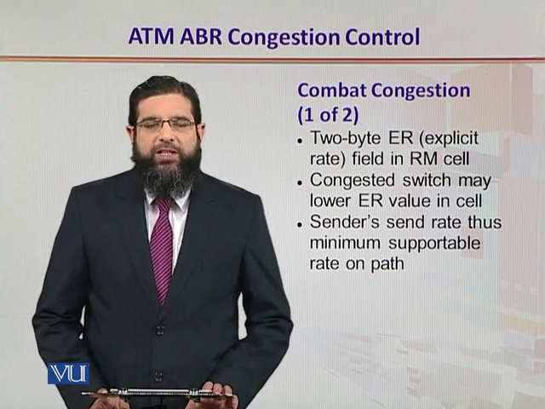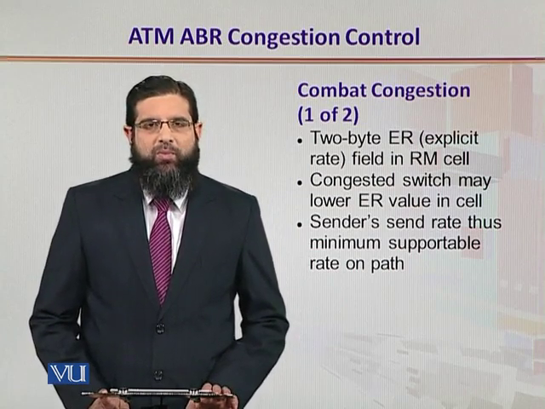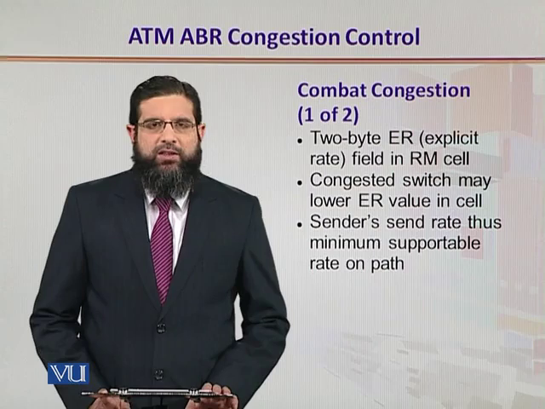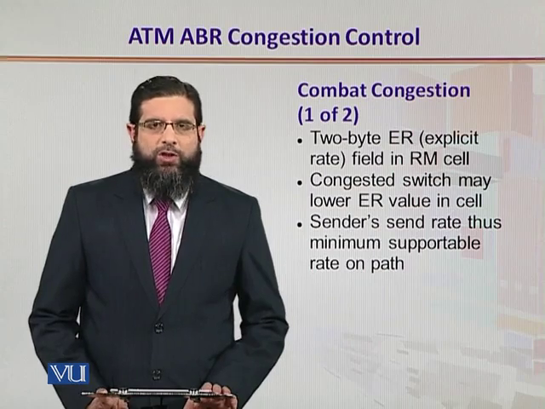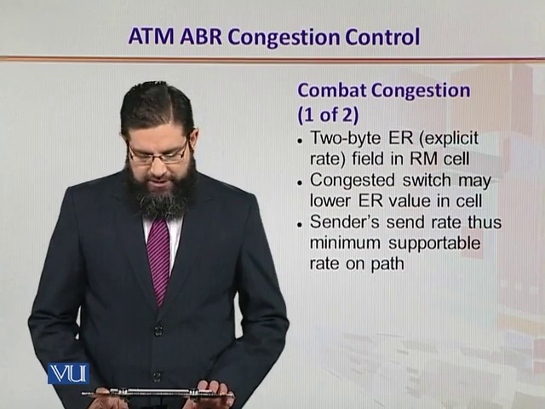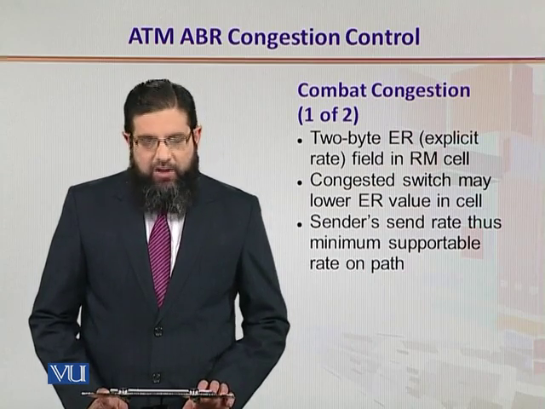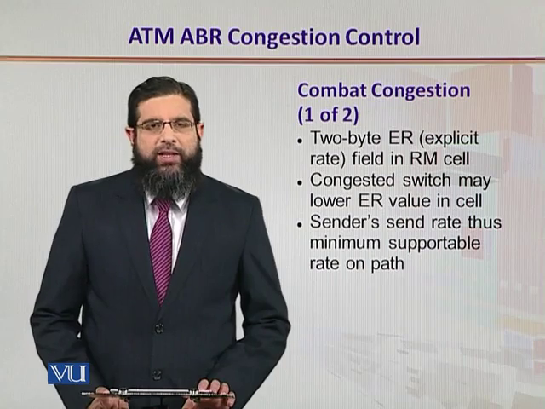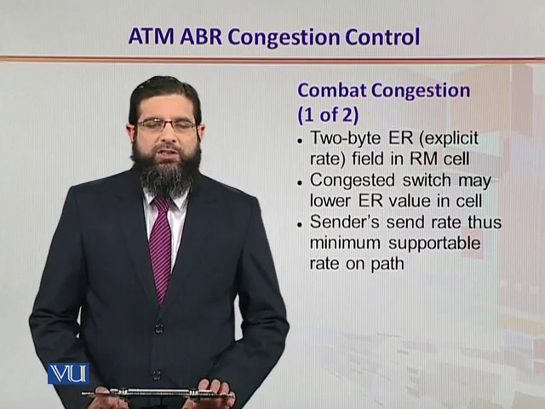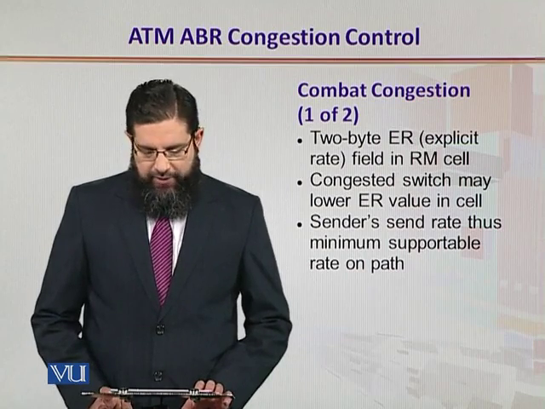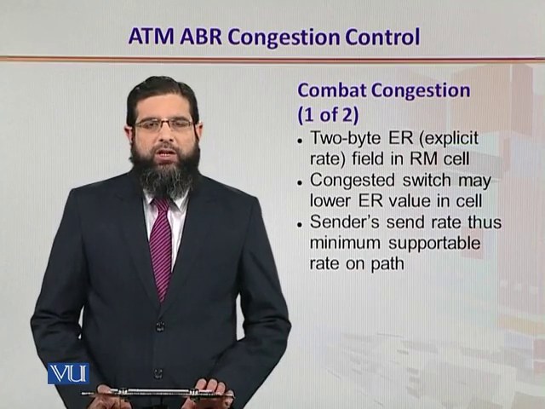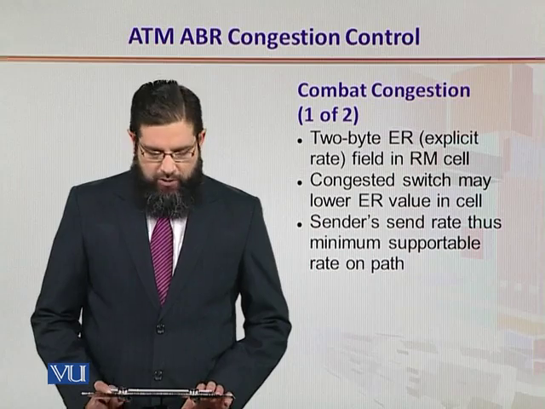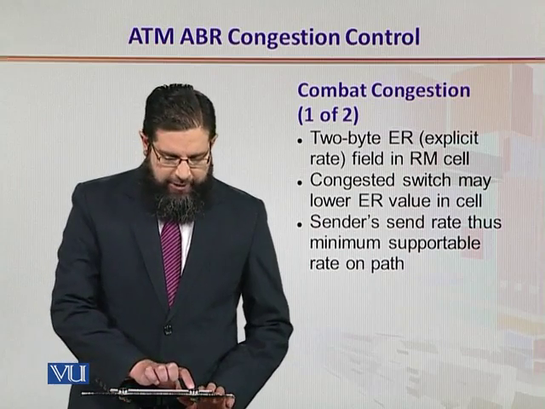If a switch experiences congestion, it lowers the rate that it wants to lower down to and forwards the resource management cell. Consequently, when these resource management cells traverse the loop between sender and receiver, the sender send rate is throttled down to the acceptable rate of the intermediate switch.